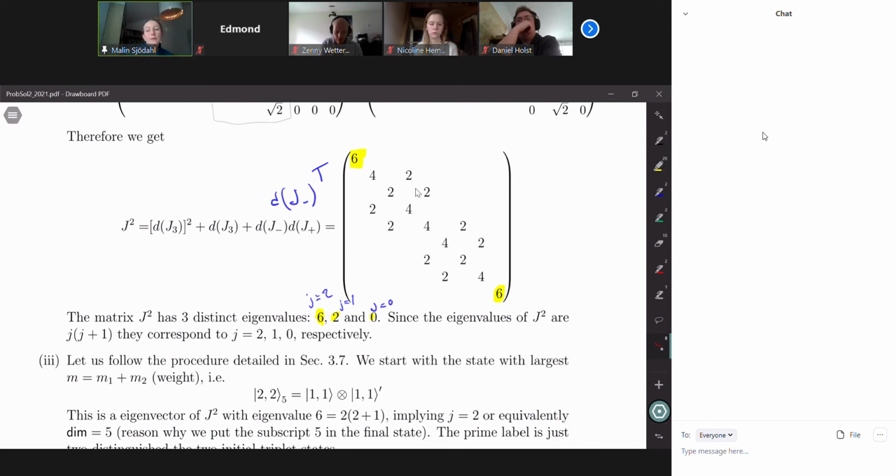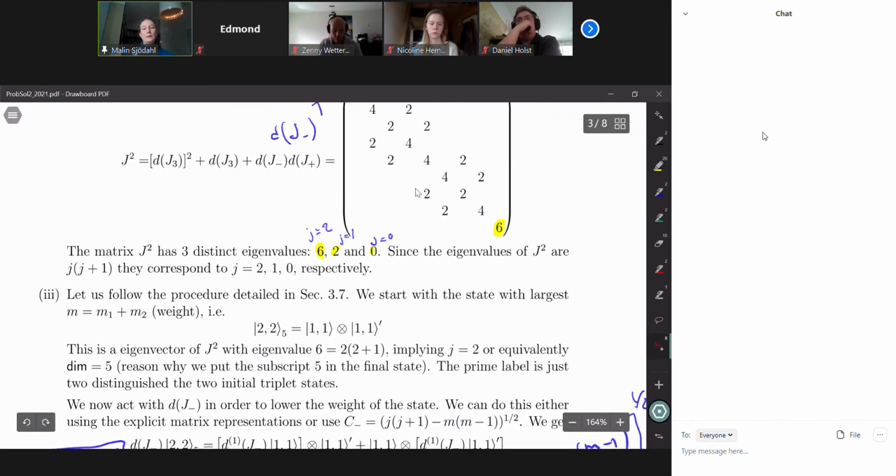And to obtain the maximal z value, we just add the maximal jz values in the different representations. So in this case, we add 1 and 1, and we obtain 2. So for the j equals 2 representation, having 5 different states, that jz = 2 we can only obtain in one way, by taking the maximal jz here and here.